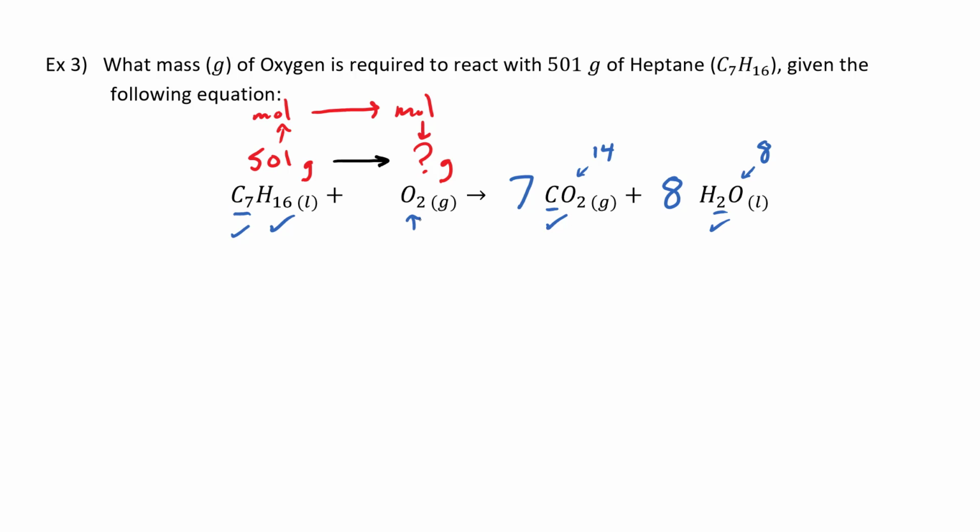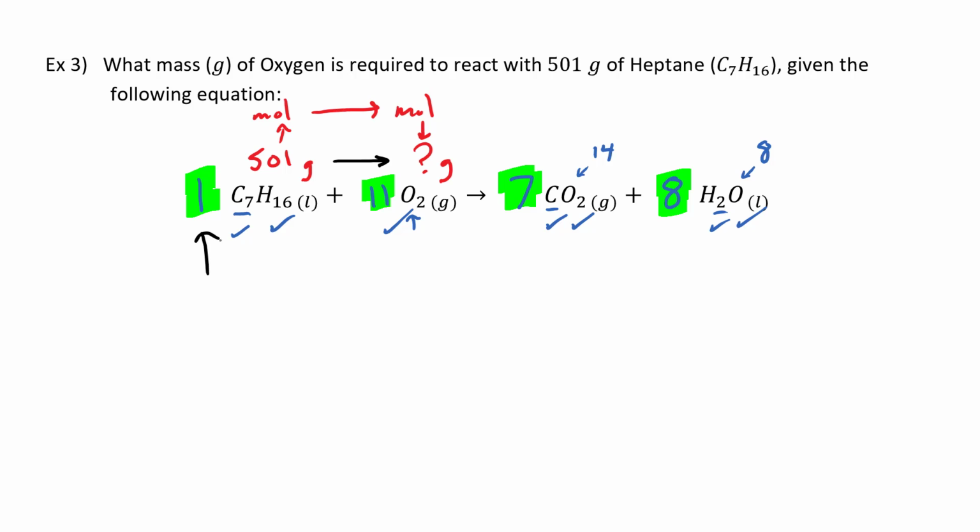So to balance this out, I have to make this 11. I have now 22 oxygens here, and I have 22 oxygens here. We'll put a 1 in front of that.